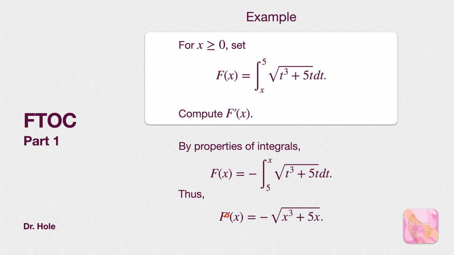So F prime is negative radical of x cubed plus 5x. Where did the minus sign come from? Well, the definition of capital F has the variable down below. Properties of integrals allows us to interchange at the cost of a minus sign. Fantastic.